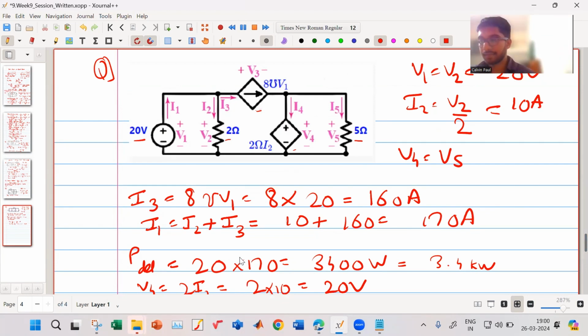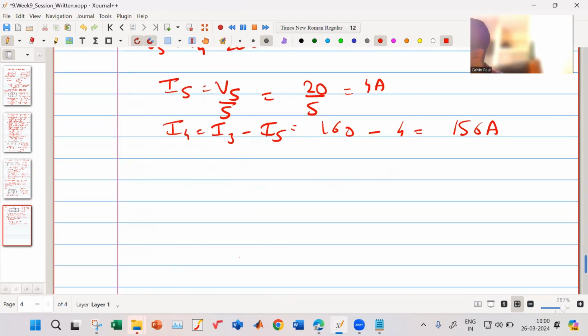We know I3 and I4. What is the power delivered by this current source? The voltage across it is 0. So P is equal to V into I, and whatever is consumed or delivered is 0.